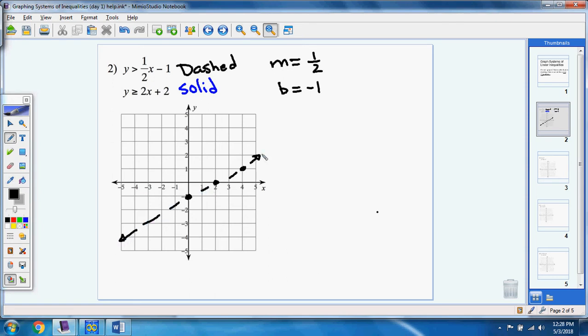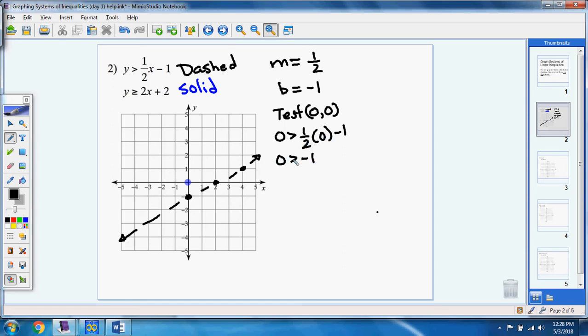Something like this. I'm going to take my highlighter, origin. I'm going to test the origin with my original problem. Test 0, 0. On the original problem, it's 0 is greater than 1/2 multiplied by 0, subtract 1. 1/2 times 0 is 0. 0 subtract 1 is -1.